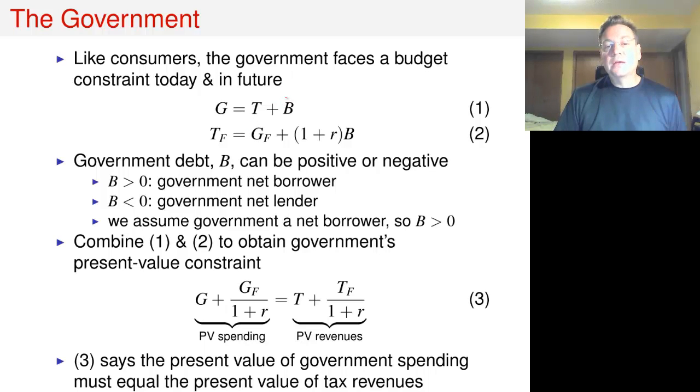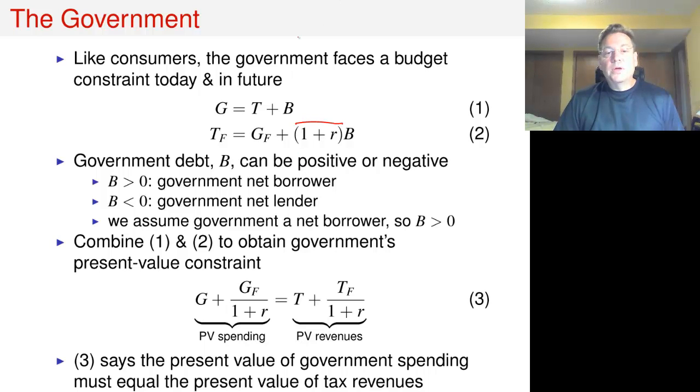But if they sell debt, then in the future, they're going to have to pay off that debt by the amount 1 plus R. And so future taxes are going to have to offset this increase in expenditures due to borrowing. Now, the government could be a borrower or a lender. So if B is positive, then it's a net borrower. If it's negative, then they're a net lender. And we're going to assume, because it's more consistent with reality, that the government is a net borrower.